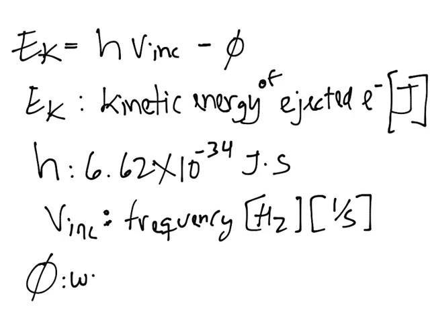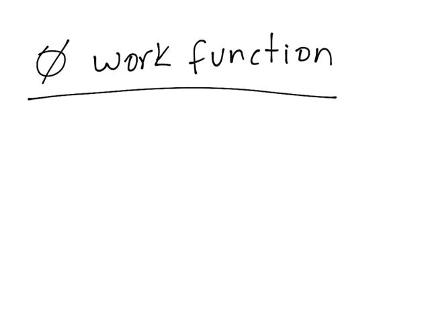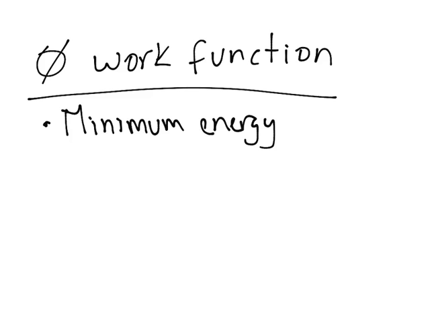So work function. And I want to talk a little bit more about the work function because it's really important. So let's talk about a work function. The work function is the minimum energy required to remove an electron from metal.